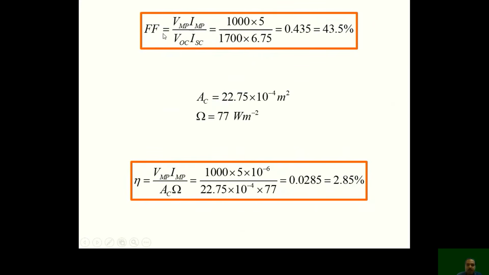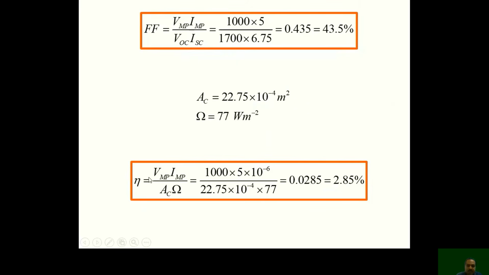So here the fill factor, as we have defined it, is the ratio between the VMP IMP product and VOC ISC product, and we are getting it to be 43.5%. We have measured the area of the active solar cell. So the active area of the solar cell is 22.75 into 10 to the power minus 4 meter square, and the incident intensity at the given distance is 77 watt per meter square.